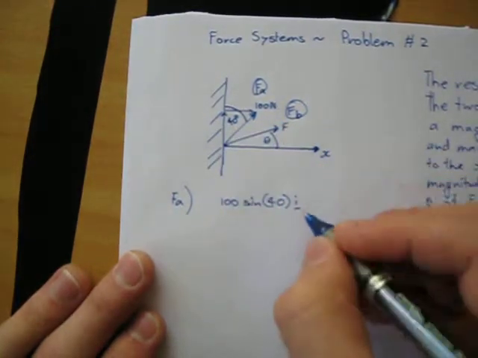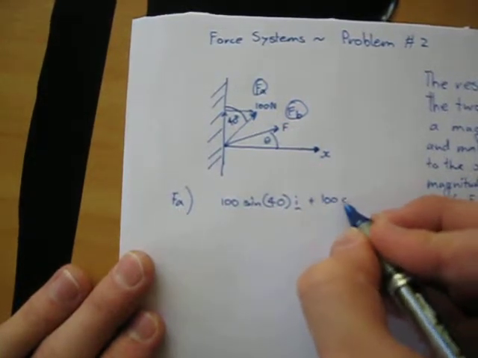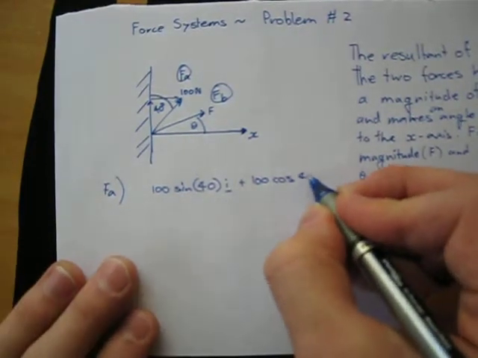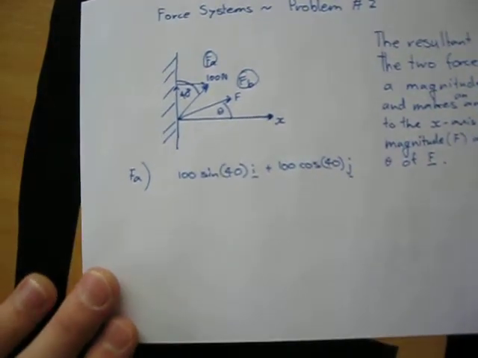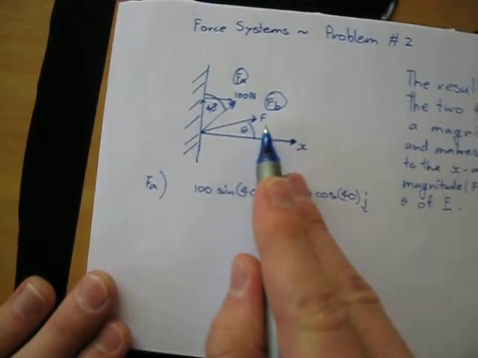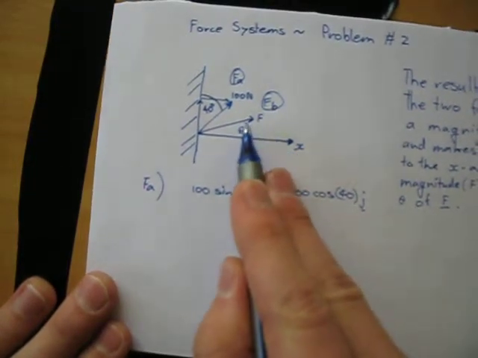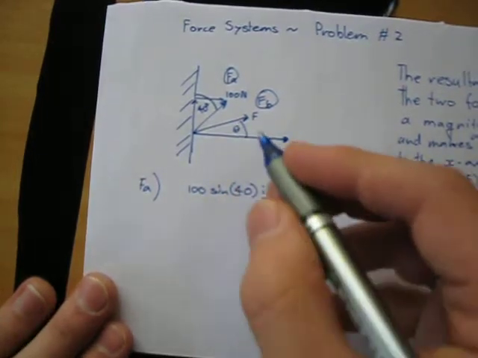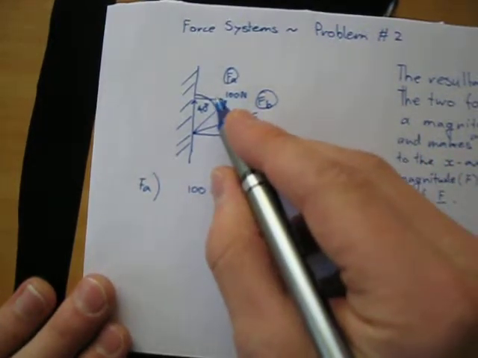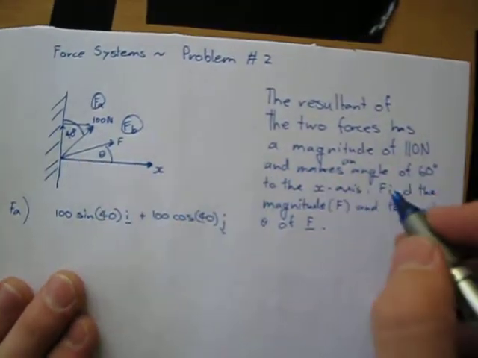That's positive, it's going that way, plus 100 cos 40, that's your J value. That's FA. We don't have enough information to find out FB or find F because we haven't been given an angle or a value, but we do know that that plus that equals a resultant, or the resultant, which has a magnitude of 110.